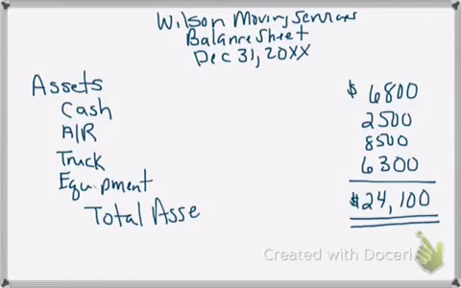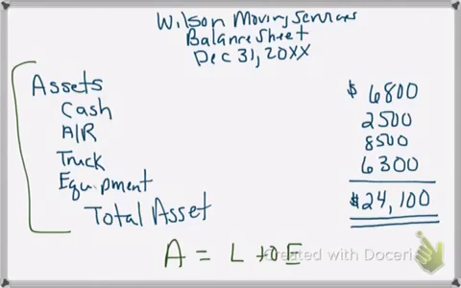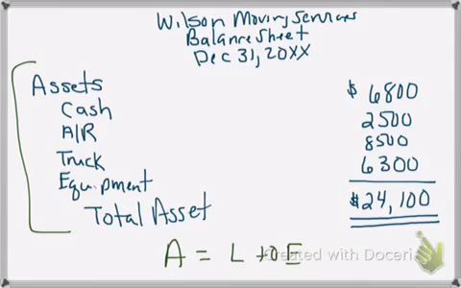The thing that I want you to remember is that when we are looking at this particular statement, it follows the basic accounting equation, which is assets equal liability plus owner's equity. So we have just done the A asset section, and then we're going to come over now and do the liabilities and owner's equity statement.